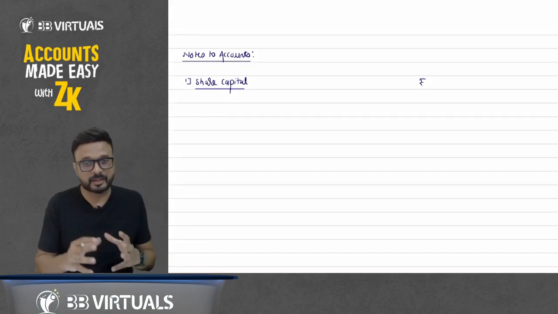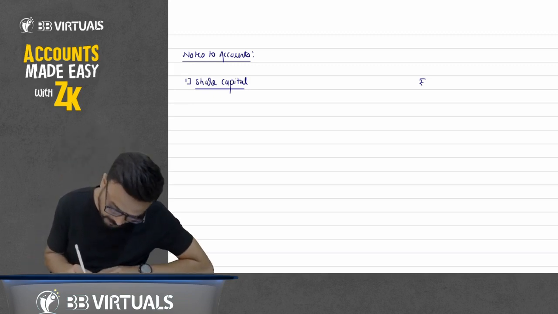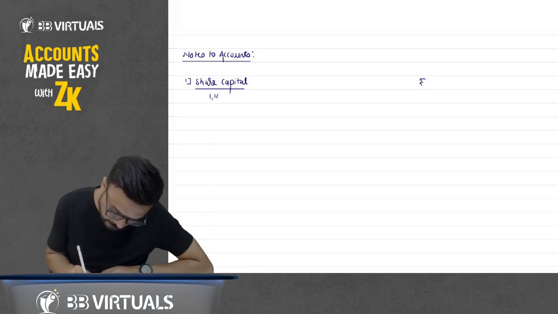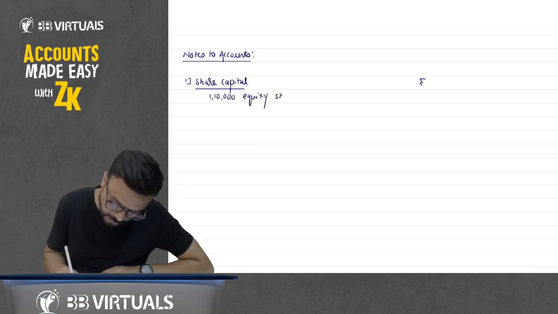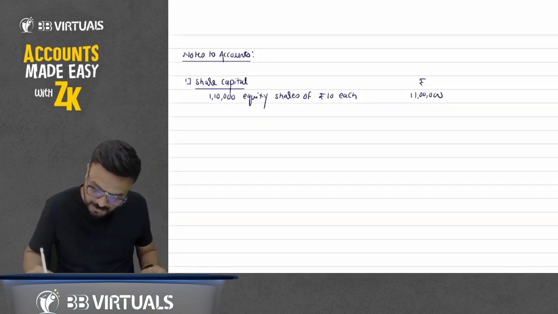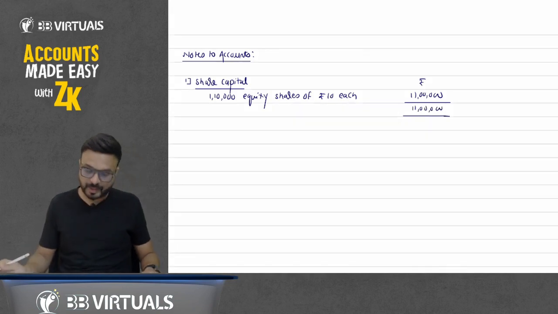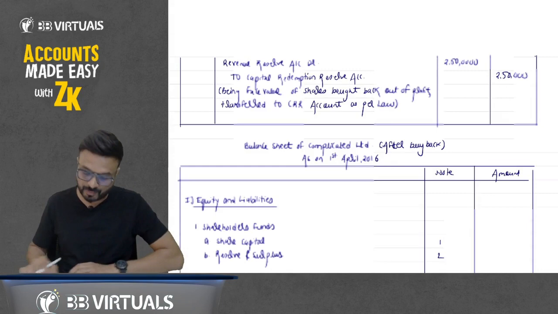Share capital is 11 lakh and one share is of rupees 10. So how many shares can we say? 1 lakh 10,000 equity shares of rupees 10 each. So here it will come 11 lakh. So the total amount of share capital is 11 lakh. You can write it down in the balance sheet, 11 lakh.